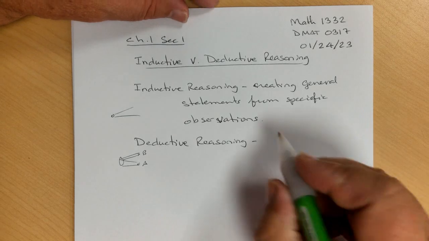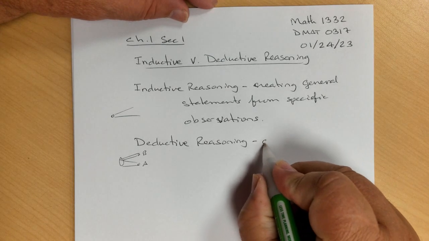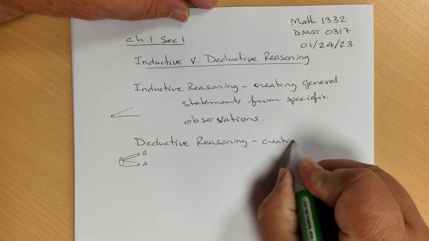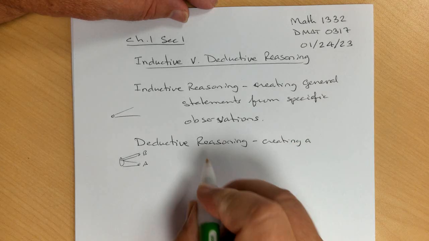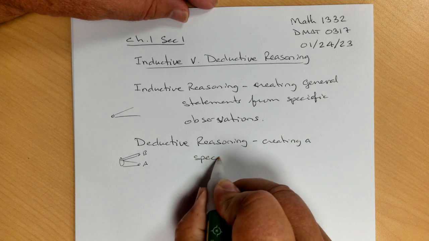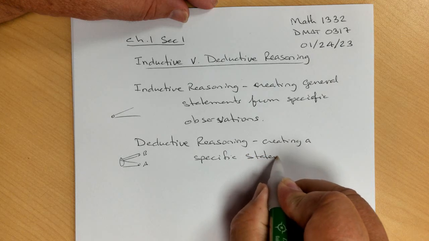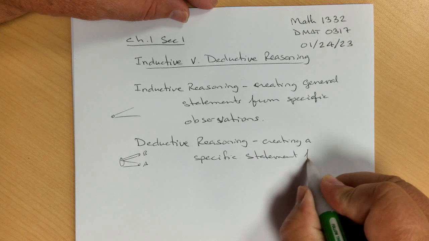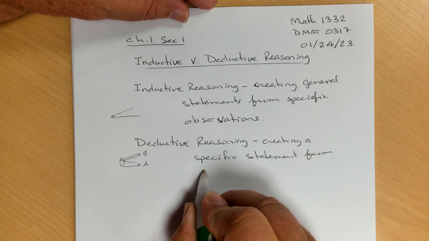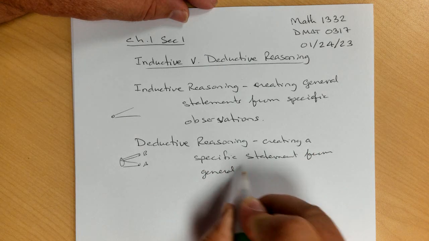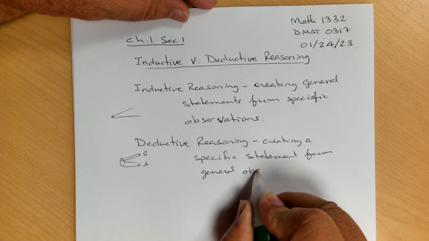So, this is creating a specific statement from general observations.